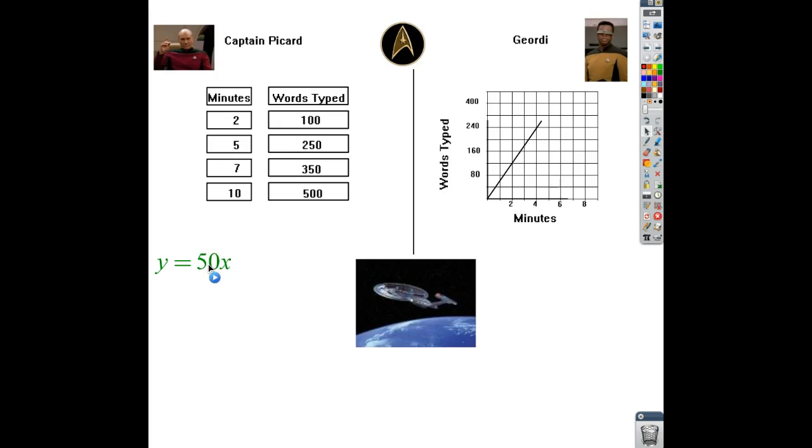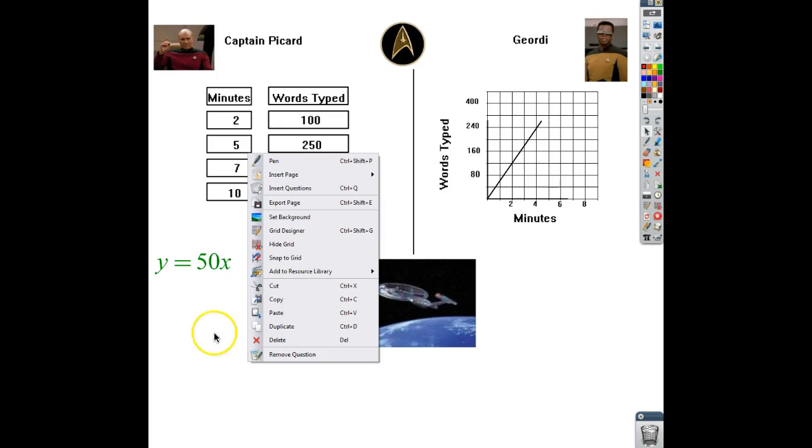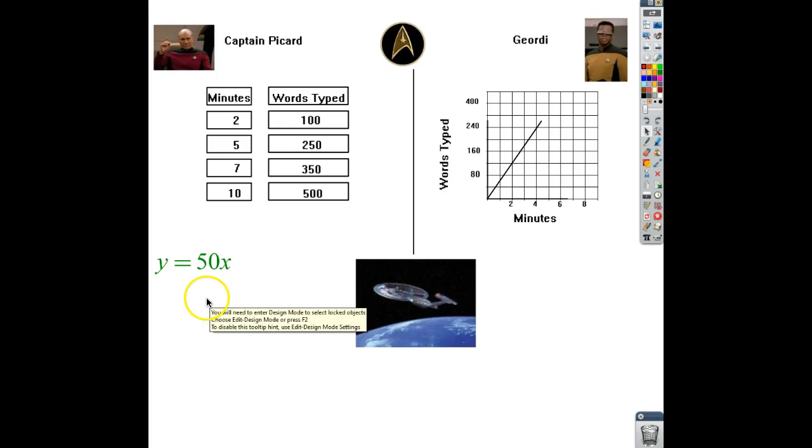All right, well, hopefully you figured out that he types at 50 words per minute, right? Okay, and that's why my equation here is y equals 50x. Now, your variables might have been something else.